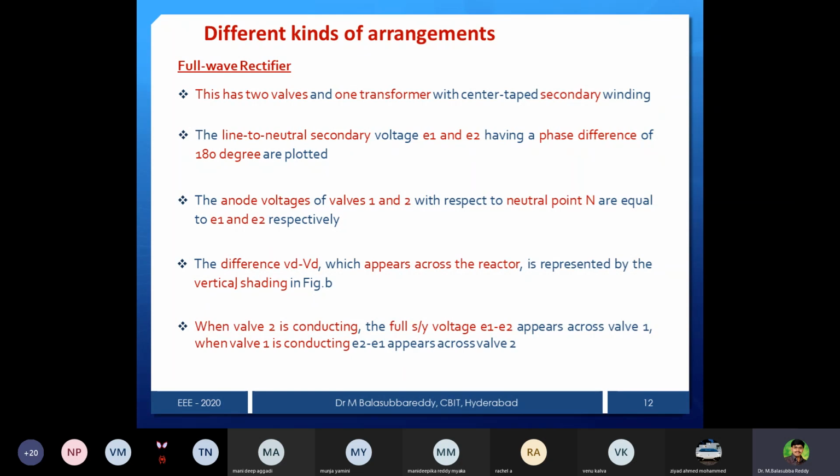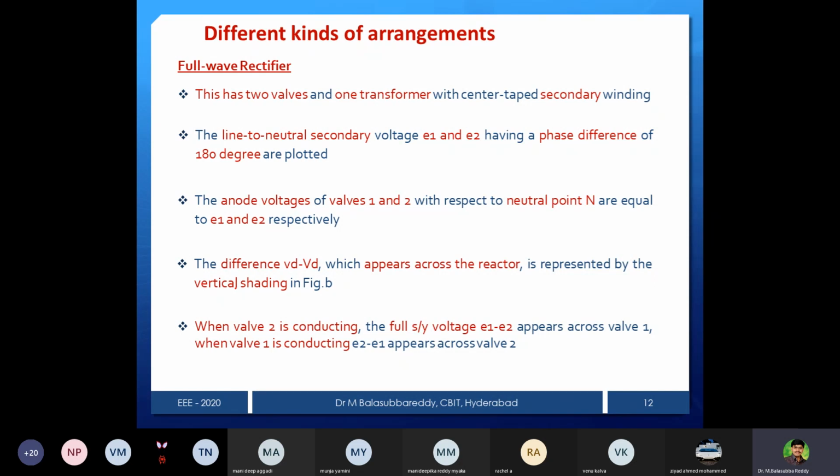The entire secondary winding is connected to valve 2. So you will get 2Vm as the peak inverse voltage, or vice versa. If valve 1 is open and valve 2 is conducting, the entire secondary is connected to valve 1. So Vm sin omega t and Vm sin omega t, totally 2Vm sin omega t, or let it be 2Vm, that is the reverse voltage appearing across the valve. So that is the problem.